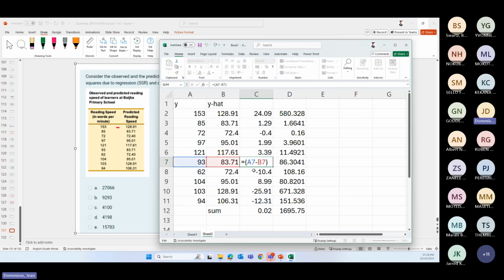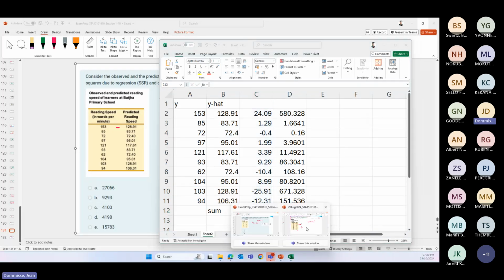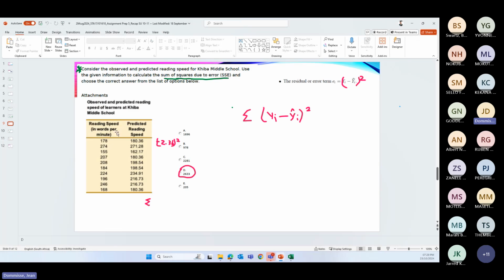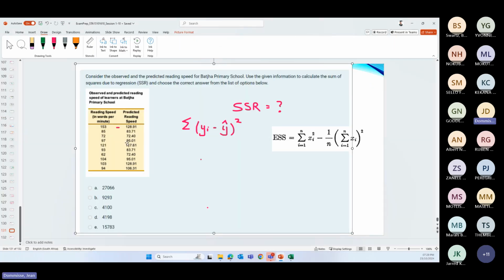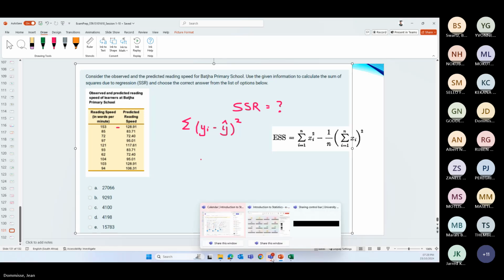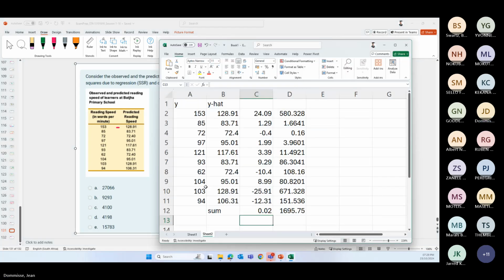I will just check what I did, and I'll let you guys know. So that is what we needed to do. If I look at this, reading speed predicted. Okay, I'll just check what happened in this one.